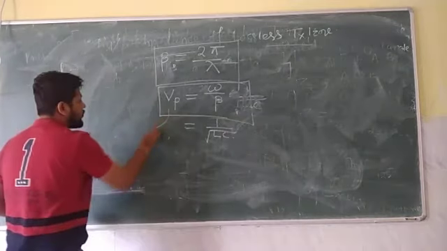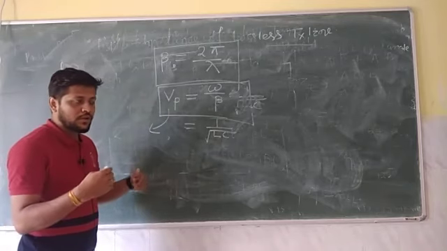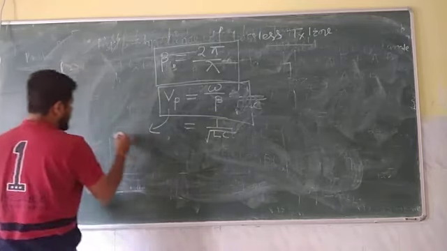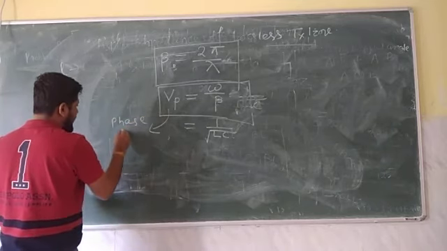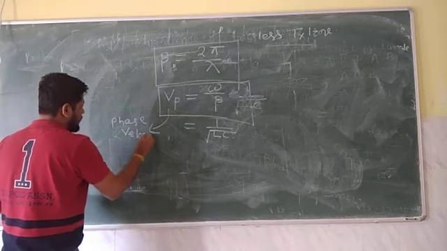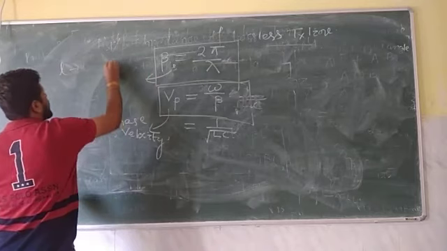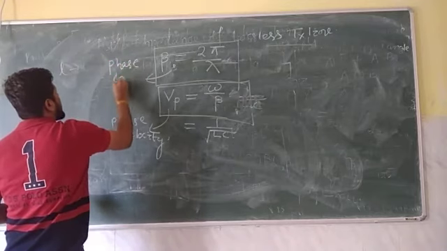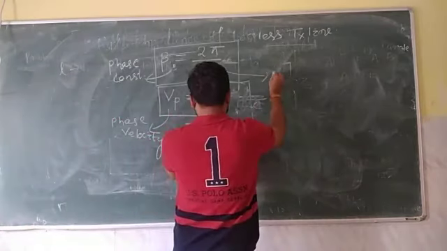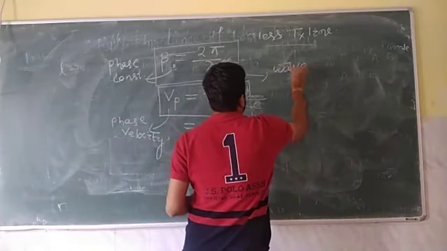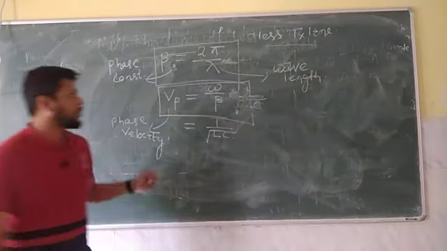So this is known as your phase velocity, that is the speed at which your electric, voltage or current wave propagates. Beta is your phase constant, and lambda is your wavelength. So these are the formulas we should keep in mind.